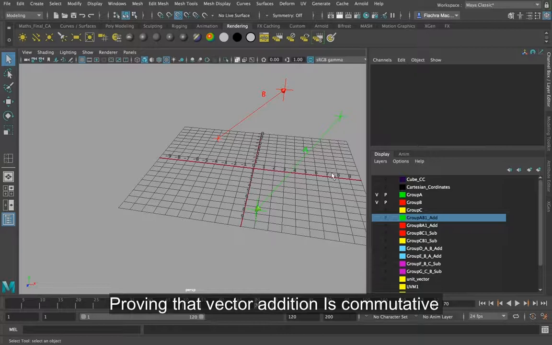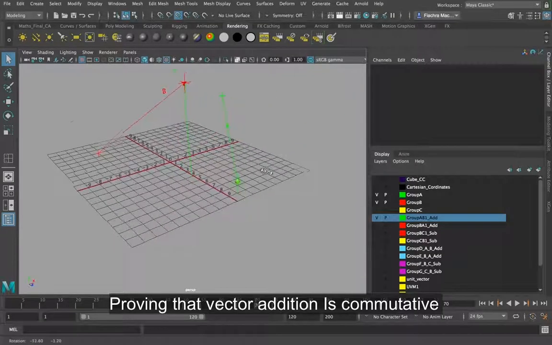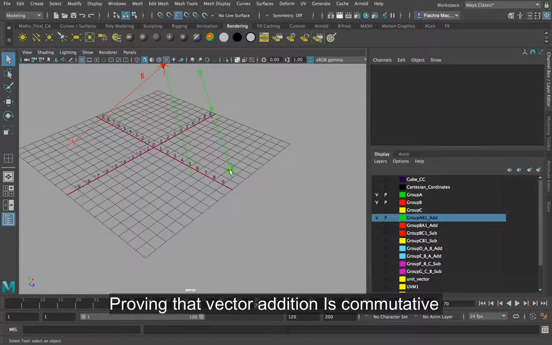We can basically add these together by, if we wanted to add A to B, we would walk along B to get to the head, and then starting at the tail, we would add A, and wherever that ends up will give us our end point for a new vector. So if we do that, as you can see here, that's essentially taking this line, which is the vector A, adding it to B, and it ends up being here.